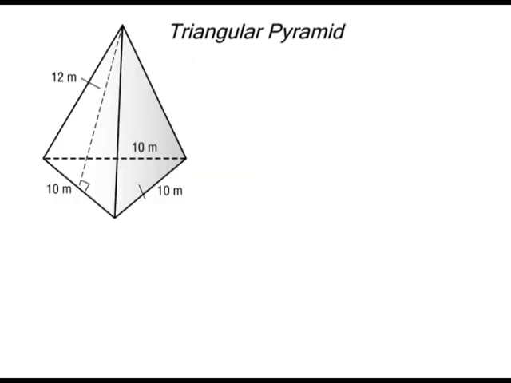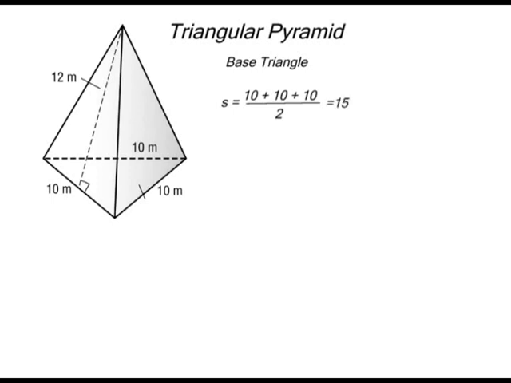Now, the base of the pyramid could also be a triangle. So this is a triangular pyramid. The surface area is calculated in the same way. We find the area of all triangles and add them up. The base is an equilateral triangle of sides 10 centimeters. Using Heron's formula, S is equal to (10 + 10 + 10) over 2, which gives us 15.